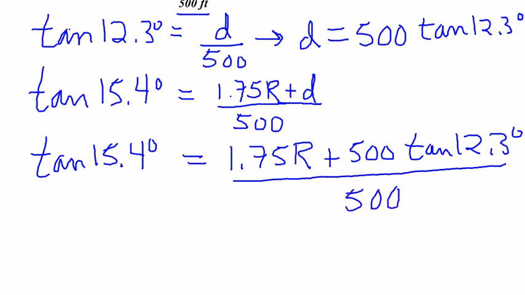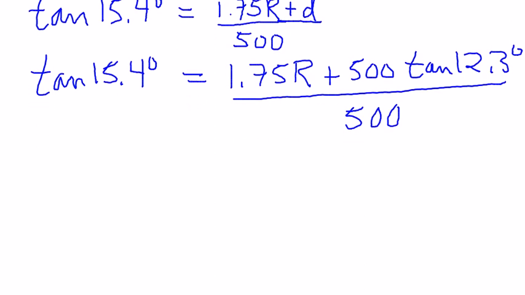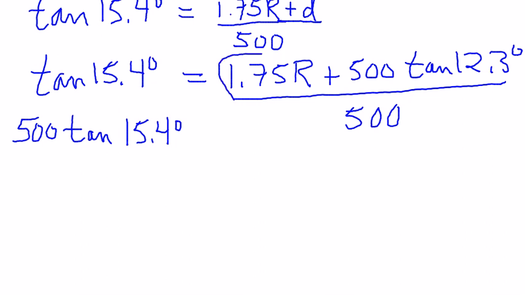So now I need to solve this for r. So I could times both sides by 500 to begin with. So 500 tangent of 15.4 degrees equals the rest of this. And this numerator over here, this is the part that has the r. That's the part I want. So I'm going to subtract the rest of it from the other side and from the side it's on, so that it will be just on the left-hand side.